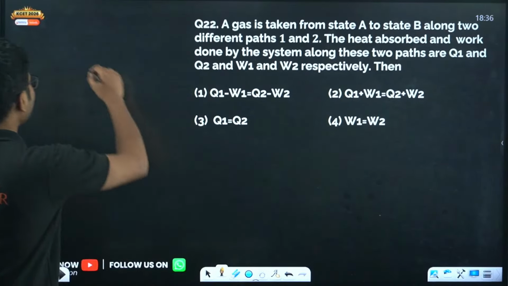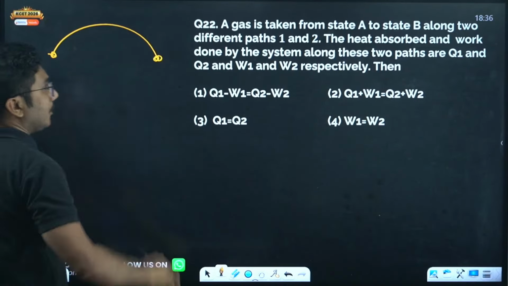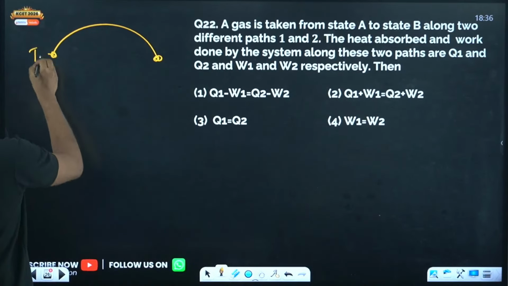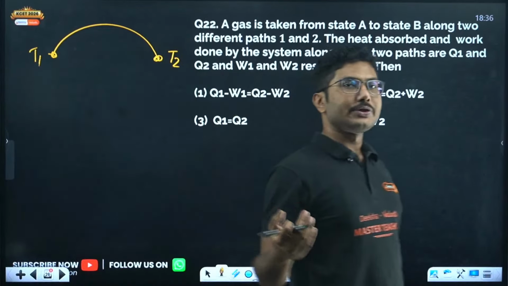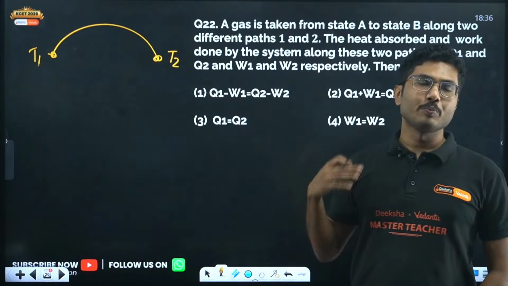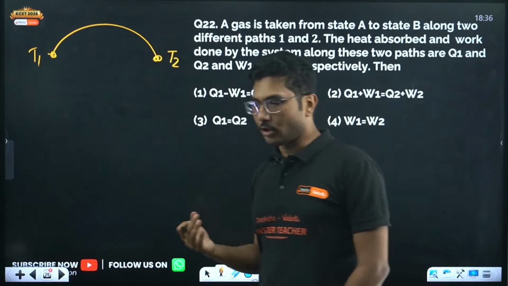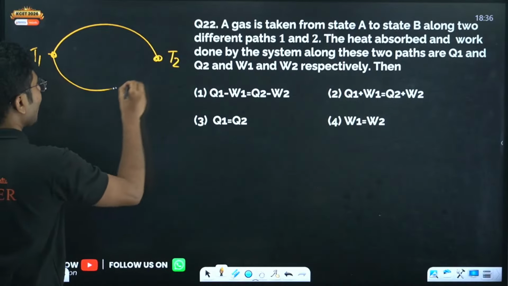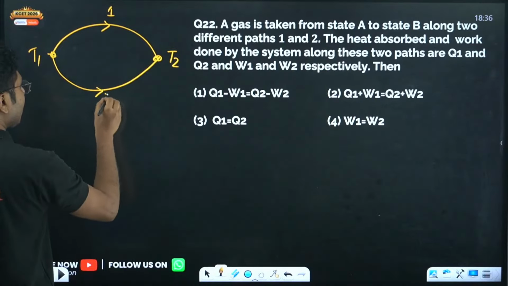Now you can take a gas from temperature T1 to temperature T2. In one process you keep the pressure constant and change the volume. In the next step you change the volume and keep the pressure constant. So whatever process you use to take the gas from one state to the other, suppose this is path number 1, this is path number 2.